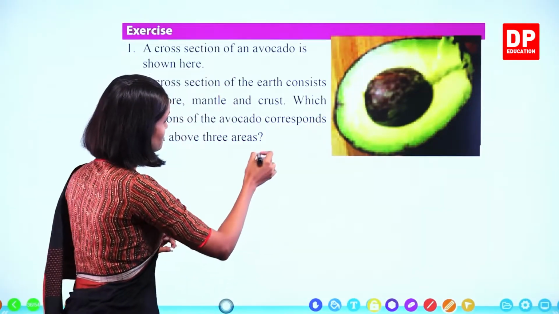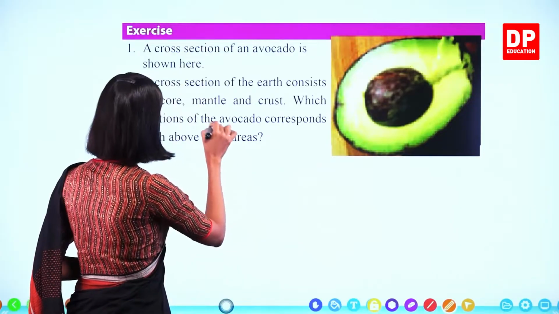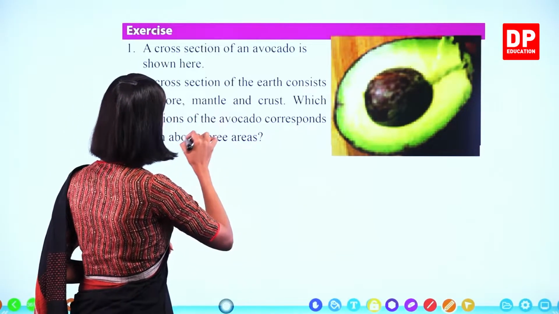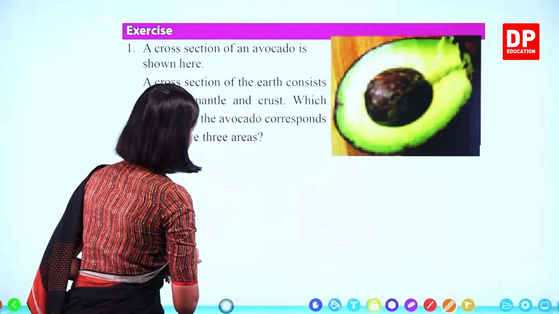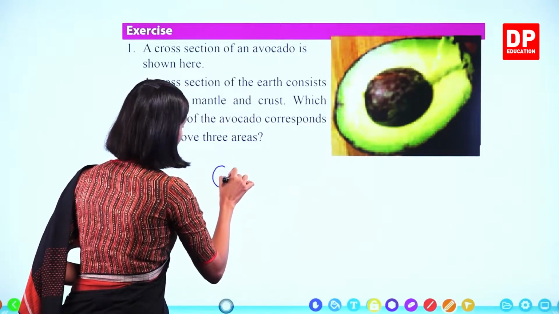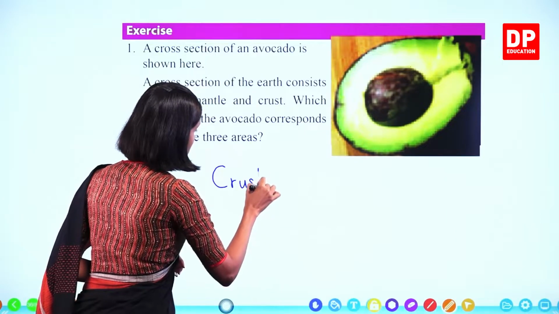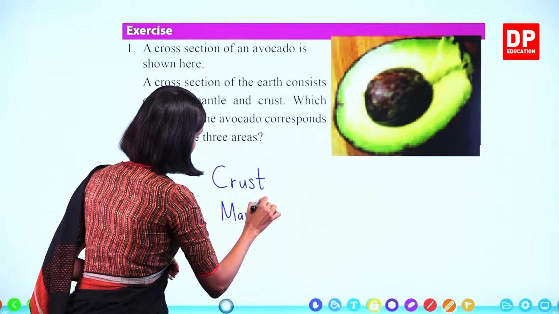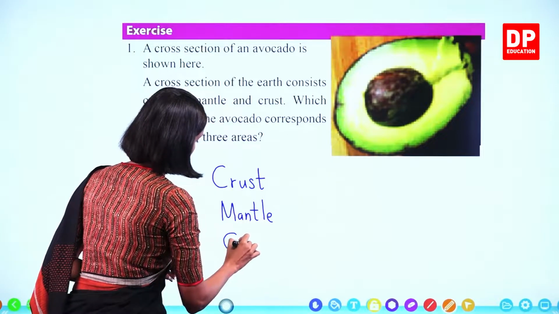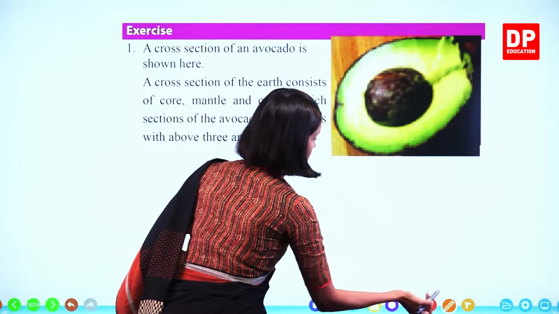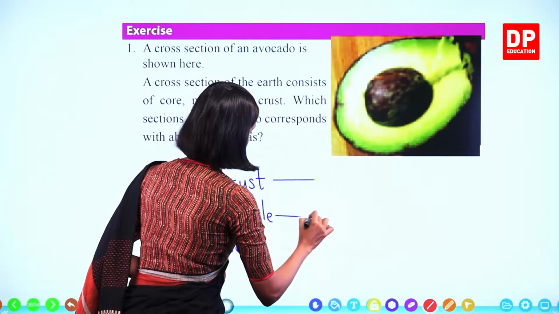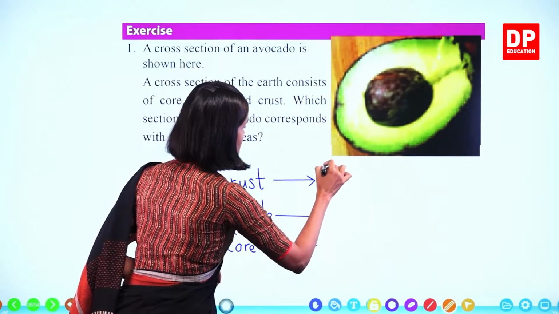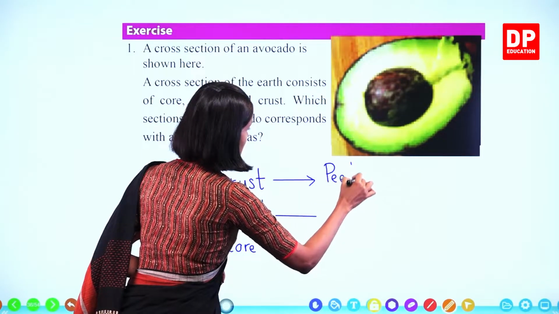Let's write. Which sections of the avocado correspond with the above three areas? Let's write. Crust, mantle, and core. So what is the crust? Peel.